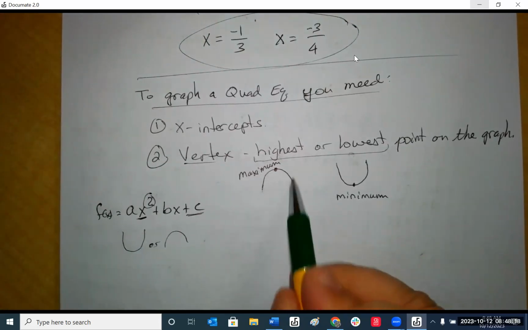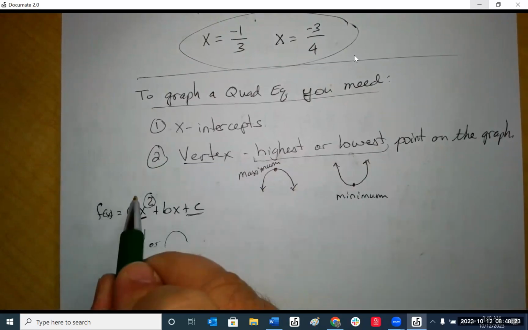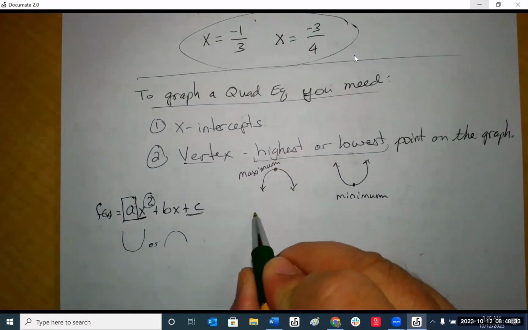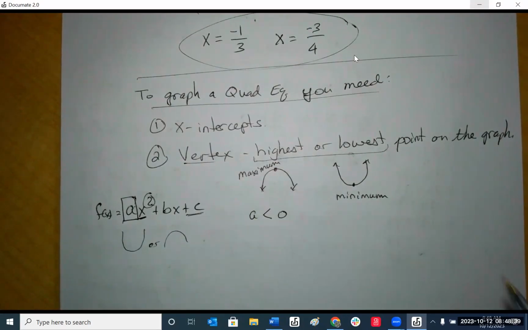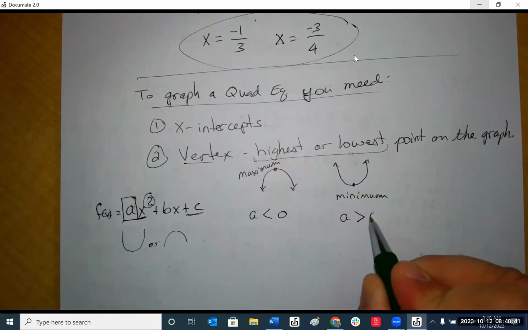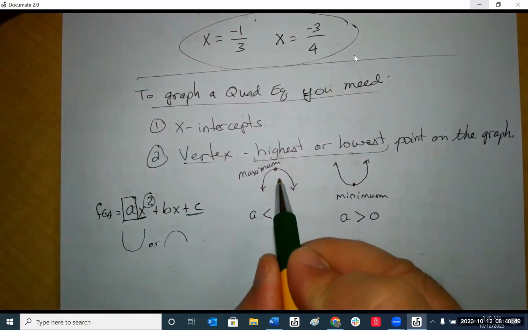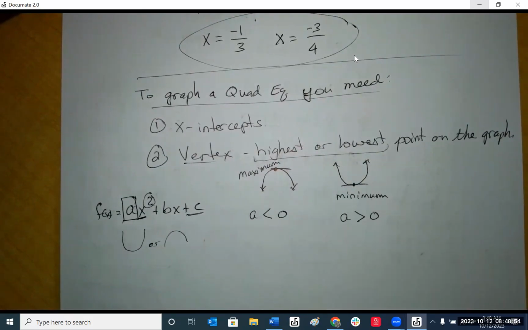What differentiates whether it points down or up is the a term, the number in front of x squared. If a is negative, it points down. If a is positive, it points up. If it points down, we have a maximum. If it points up, we have a minimum.